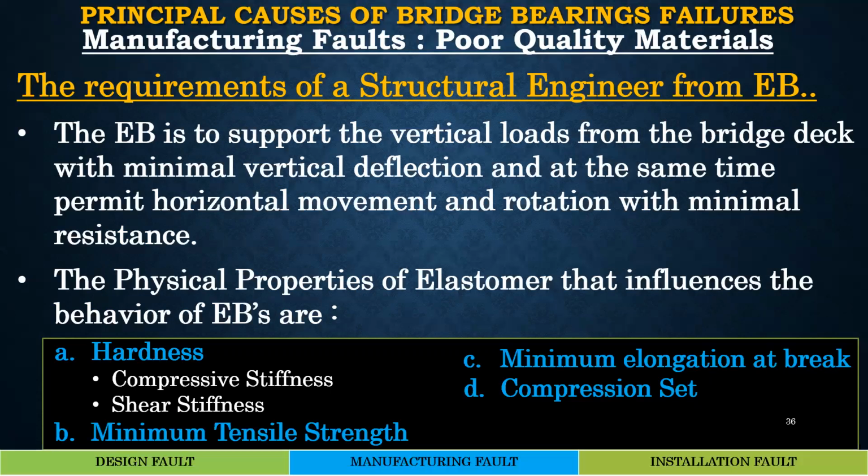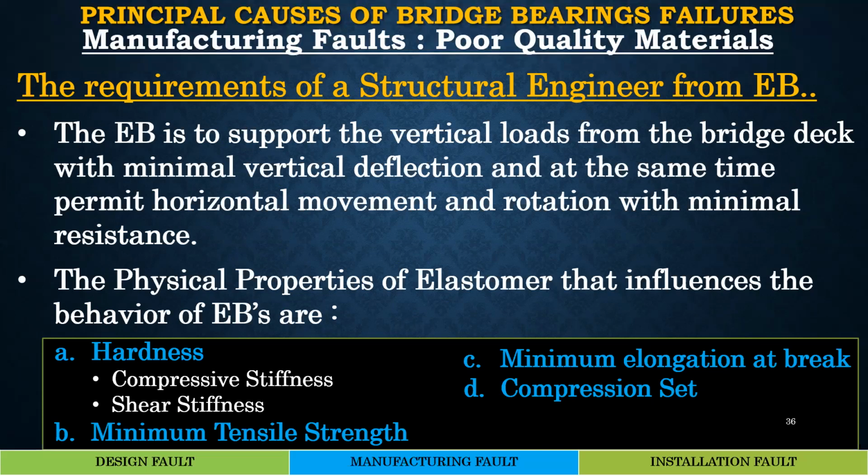So these are the end requirements of a structural engineer from the elastomeric bearing. But I would wish that structural engineers involved in bearing design should know a bit of rubber technology, because that helps them to inspect and accept or reject a material.